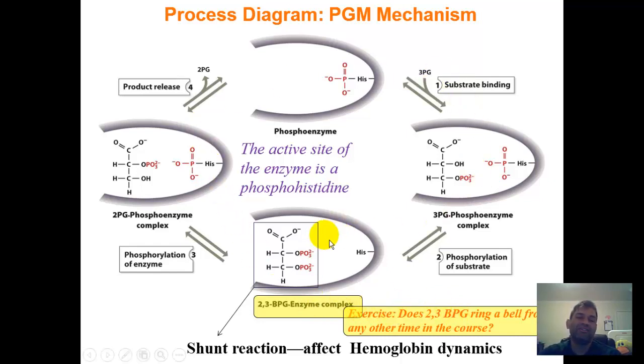But if this intermediary doesn't leak out, what happens is just a phosphate exchange. Here is the phosphorylated active site. Here is our 3-phosphoglycerate. Here we produce that 2,3-bisphosphoglycerate. Then this phosphate here goes to phosphorylate the histidine. The 2-phosphoglycerate comes out. So basically it's a phosphate exchange on the histidine active site residue. All right, slide here on 2,3-bisphosphoglycerate.